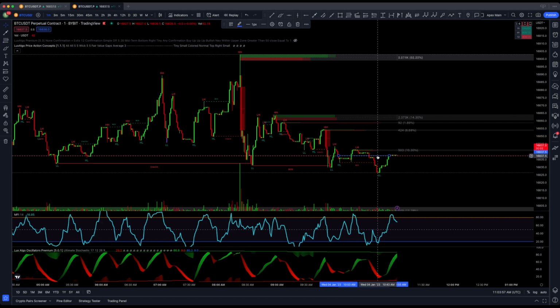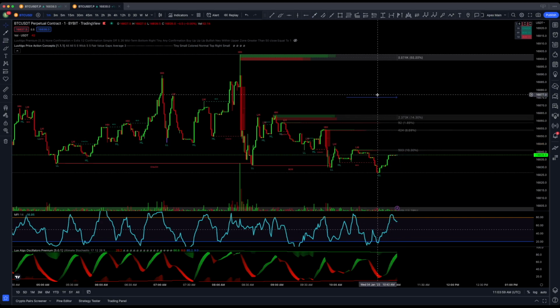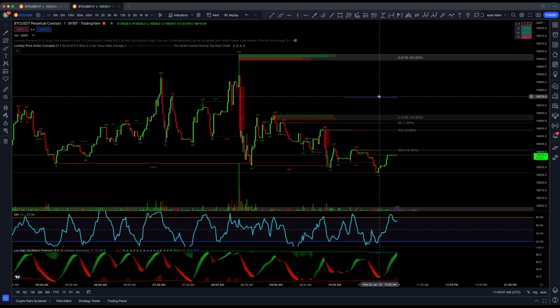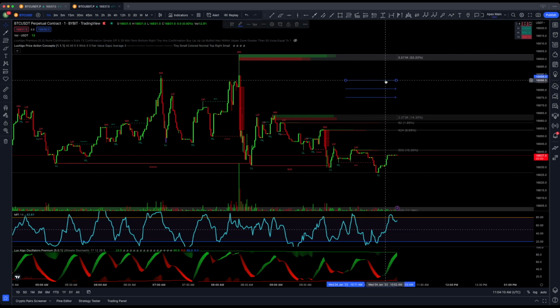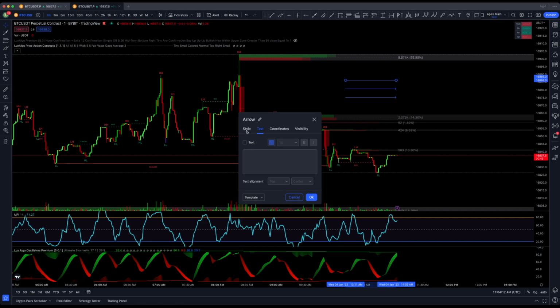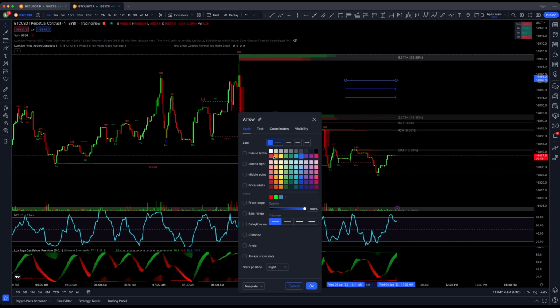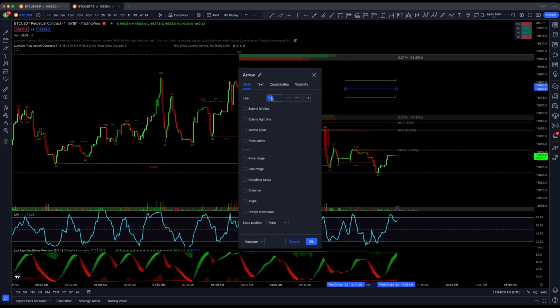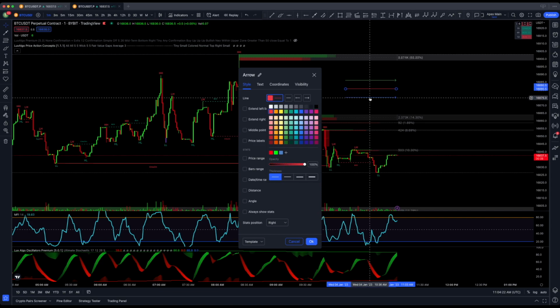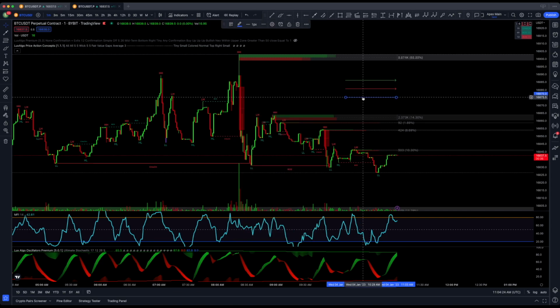These arrows here will represent our entry, and we'll have 3 of them. We'll have green for entry, red for liquidation, and let's say orange for stop loss.